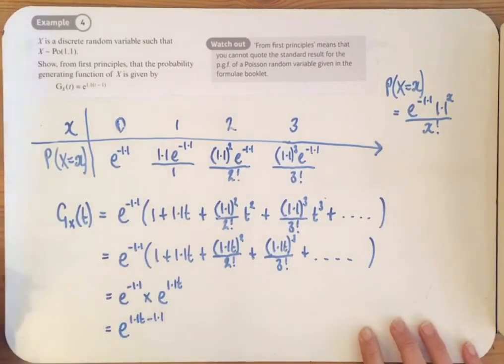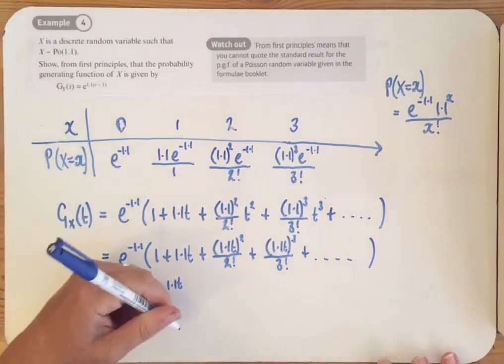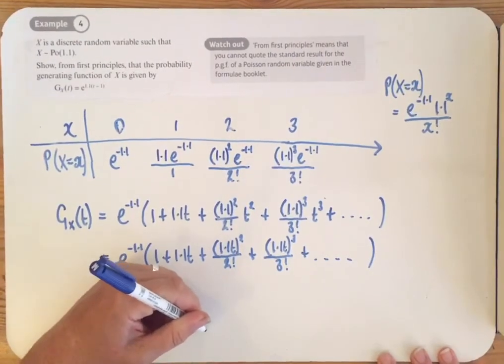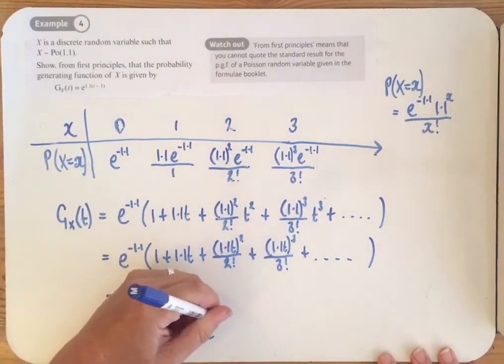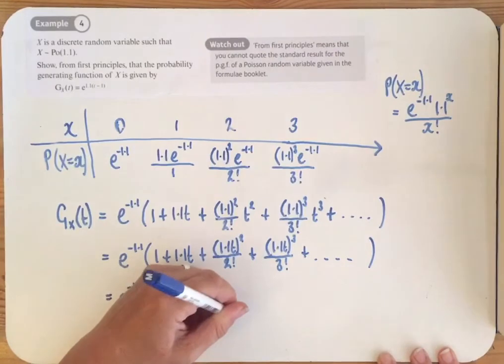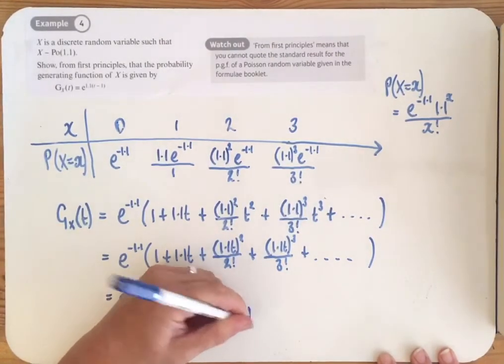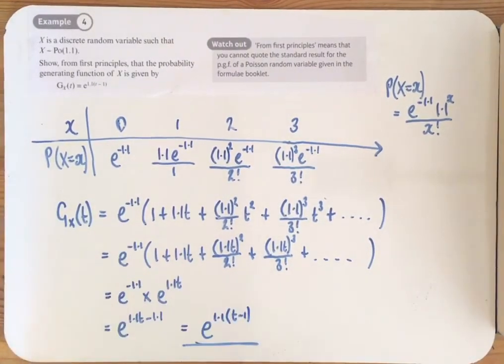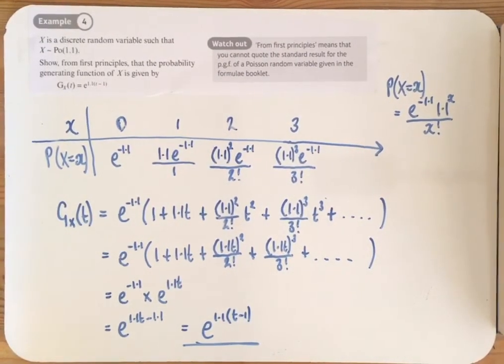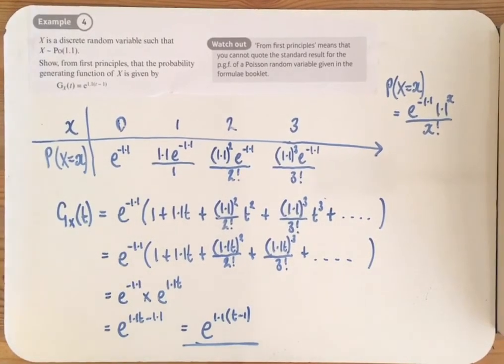Which takes us to there, and then if you pull 1.1 out as a factor, we get e to the 1.1 lots of (t minus 1) as the probability generating function of X, which, if you don't know that series expansion for e, looks a bit odd, but as soon as you know the series expansion for e, it kind of makes sense.